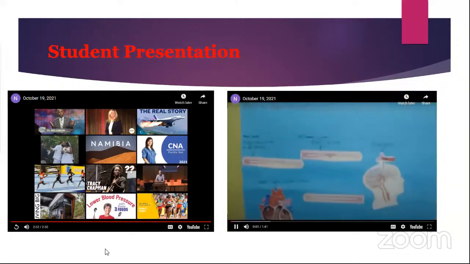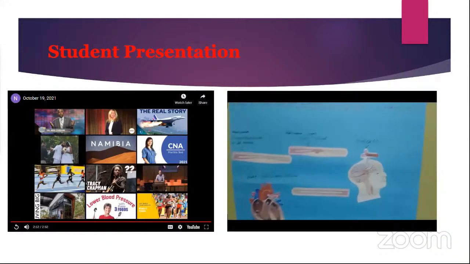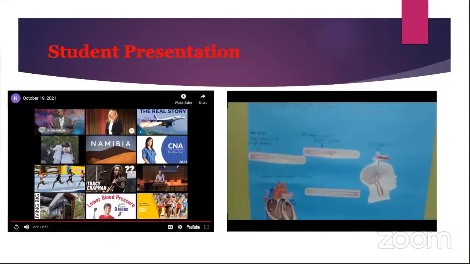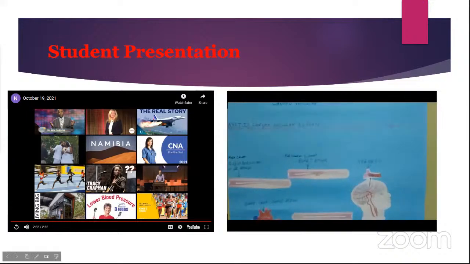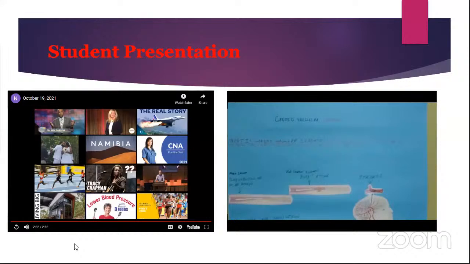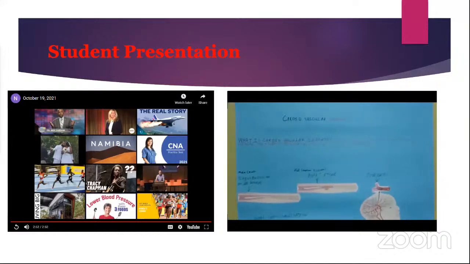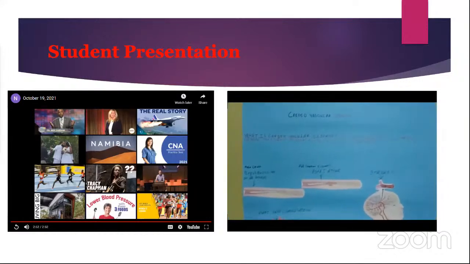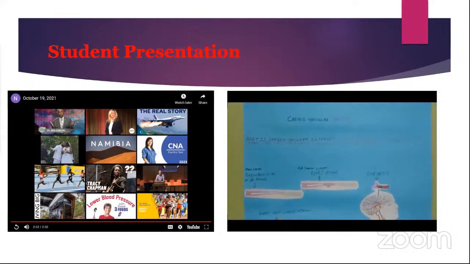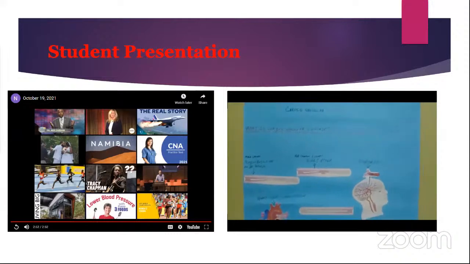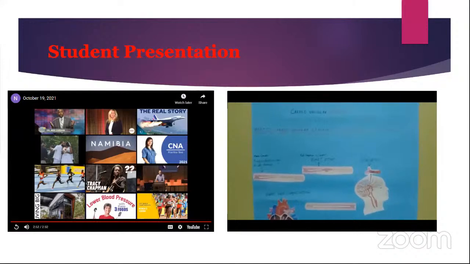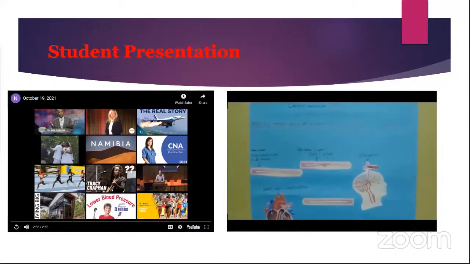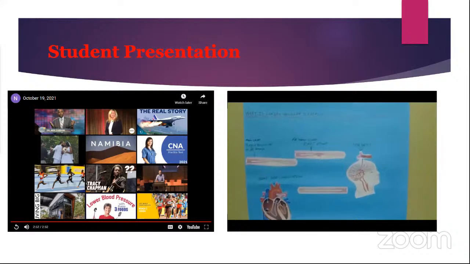Hello everyone. This is my small presentation on cardiovascular diseases. First we're going to define what cardiovascular disease is. It can be defined as a group of diseases that affect the heart and blood vessels of the body.